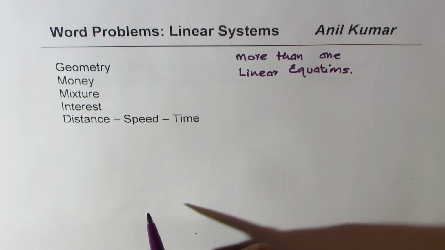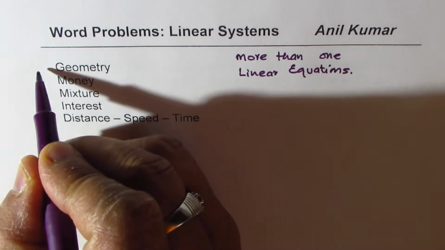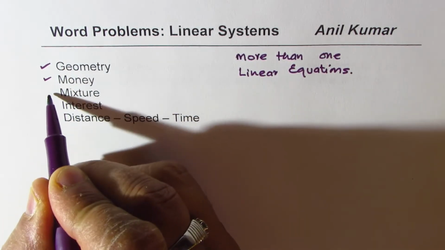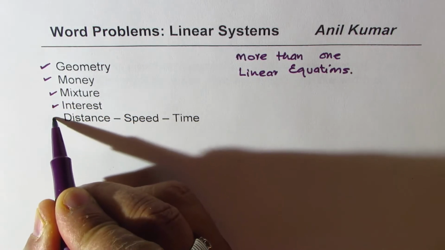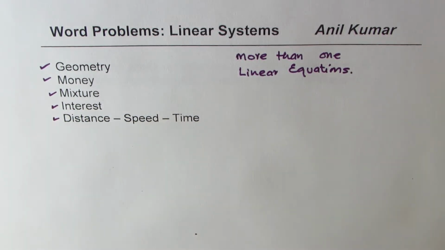I'm going to take up problems related to geometry, money, mixture, interest, and distance, speed, time. These are very important questions. I would like you to pause the video for each question and understand the logic. Once you understand the logic, you can solve any question on that particular topic.